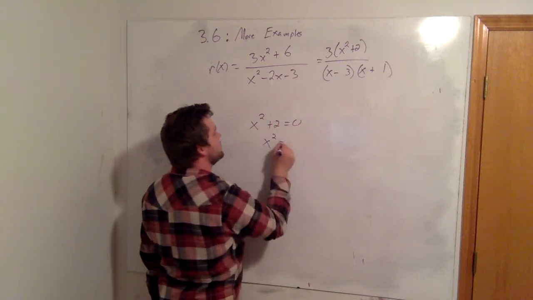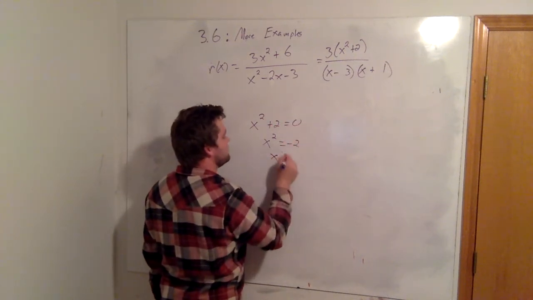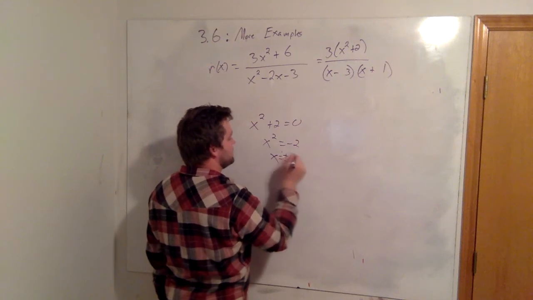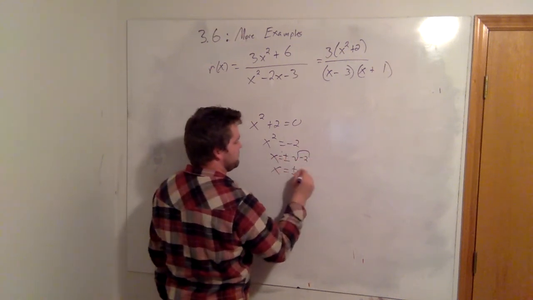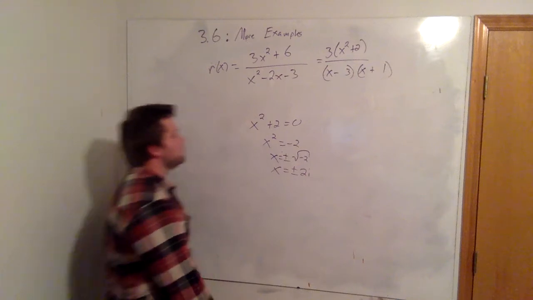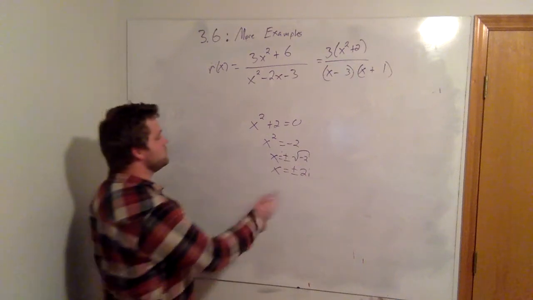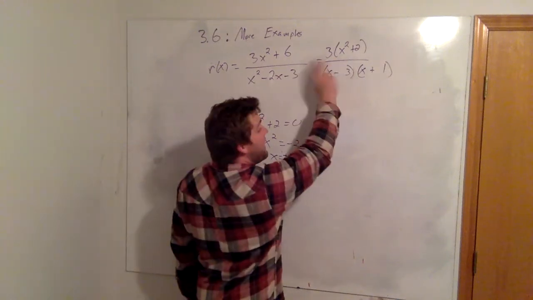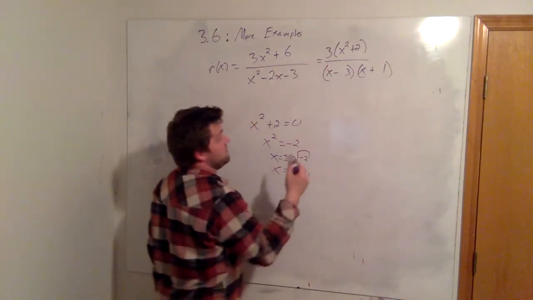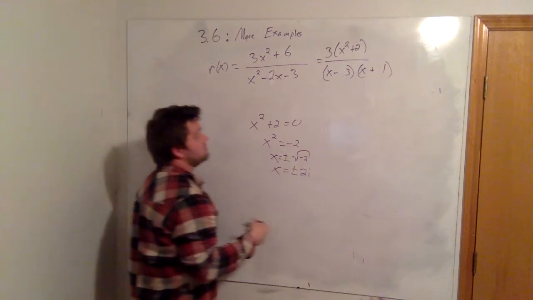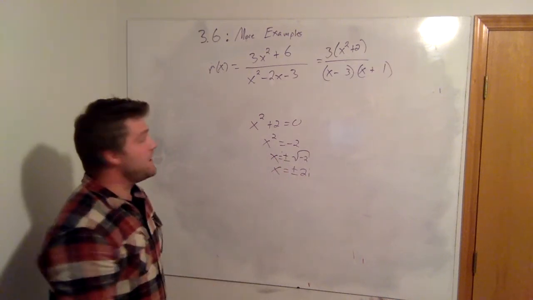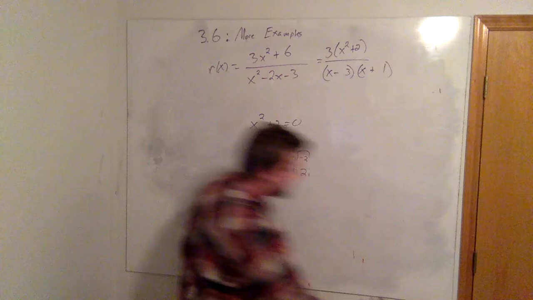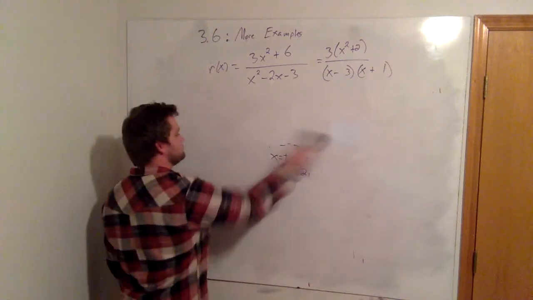Well, that's when x squared is equal to -2, or when x is equal to plus or minus the square root of -2, or plus or minus i root 2. So in this case I have imaginary roots, and while this will factor to x minus i root 2 and x plus i root 2, if we're graphing this, we don't care about the imaginary roots, so this won't factor any further. This is as far as I can go.